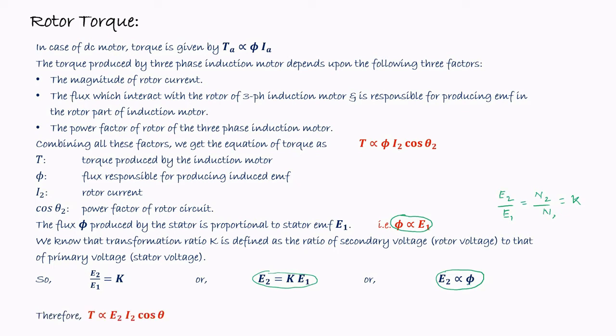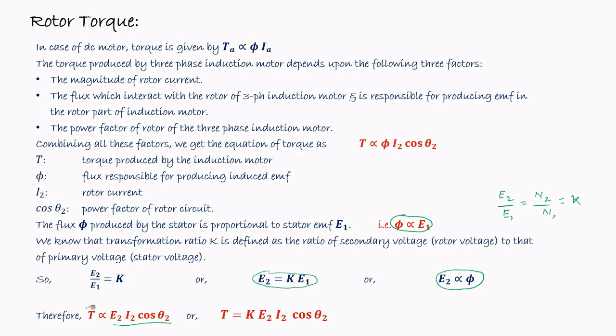Therefore, now the torque equation can be modified. We can write the torque is proportional to E2 into I2 into cos phi 2, because as we have already discussed, E2 is proportional to phi, or you can say phi is proportional to E2.